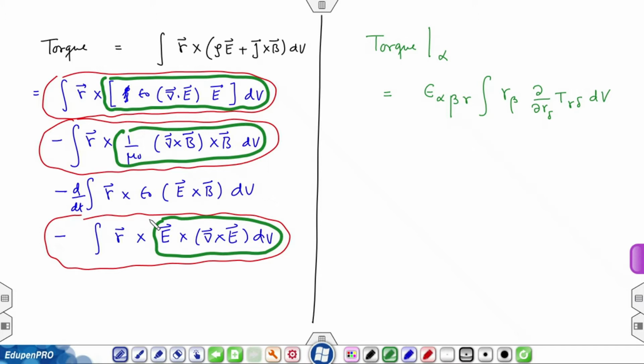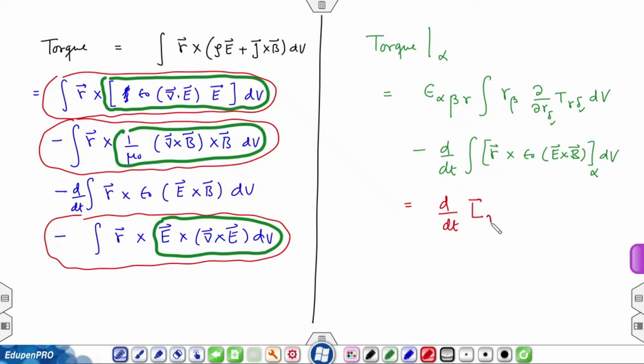Now I am writing the terms with delta being summed over and gamma component there. And then I have minus d by dt of integral r cross epsilon 0 E cross B, alpha term, dV. And this equals the change in the mechanical angular momentum of the charges.